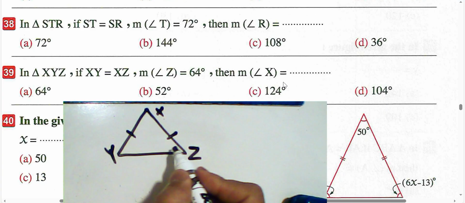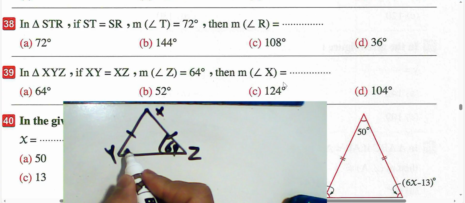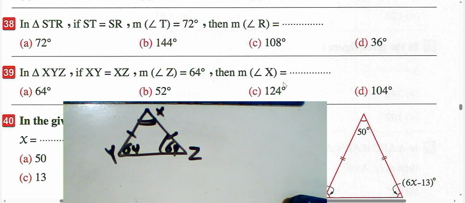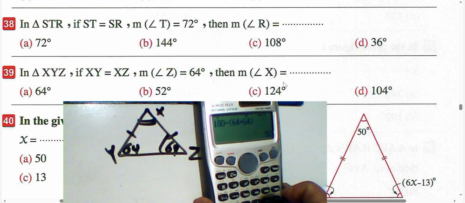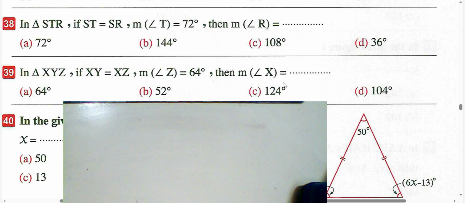The measure of angle Z is 64, then angle Y will be 64 also. We want to find the measure of angle X. You can write 180 subtract 64 plus 64. The result will be 52 degrees.